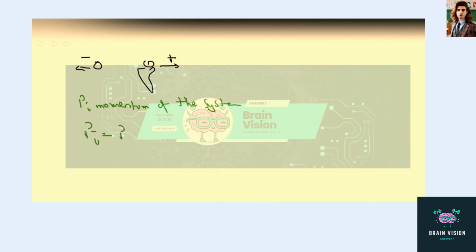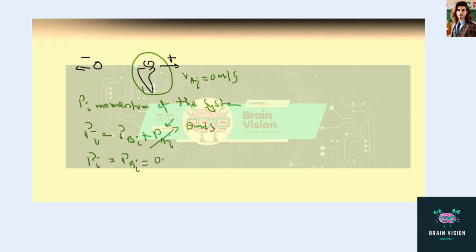So that's PBI plus PAI. Remember, your initial velocity VAI was 0 meters per second. And so that means this part will just be 0 meters per second. And so the total initial momentum will be the same as the momentum of the ball itself, which is 0.6 kilograms times 10 meters per second.